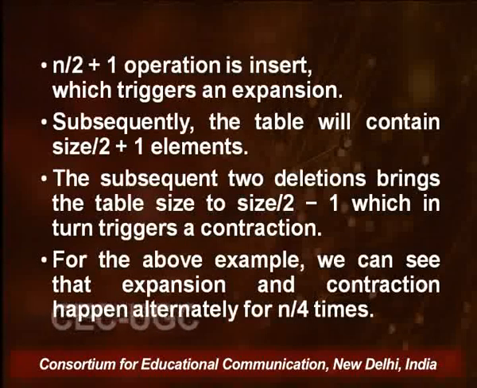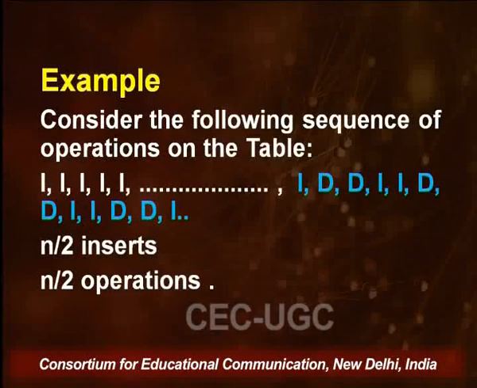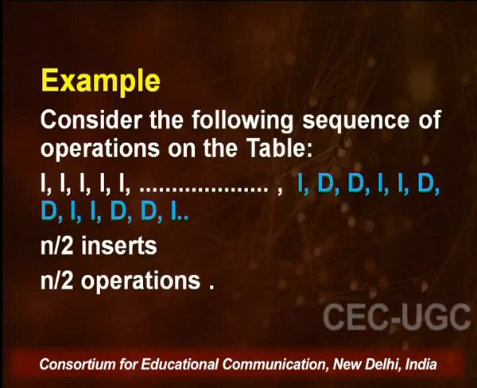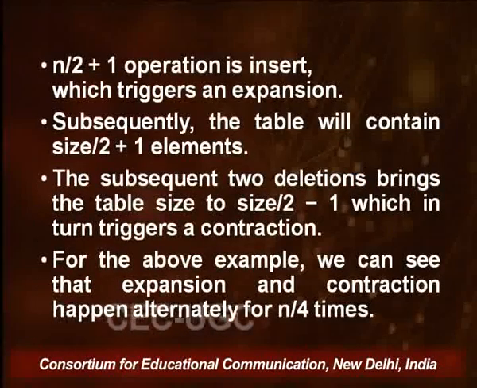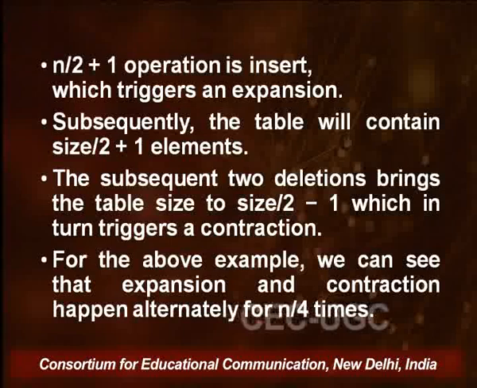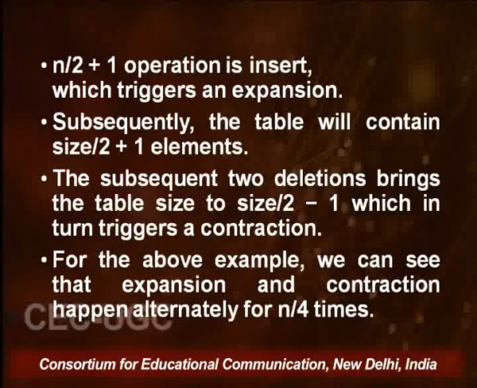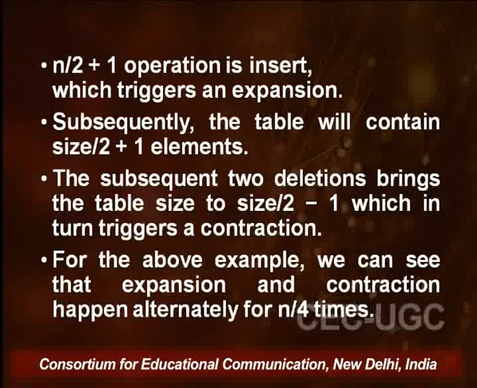Now, in the sequence we have 2 deletions. These 2 deletions are going to bring down the number of elements in the table to size by 2 minus 1. Earlier we had size by 2 plus 1 elements after the insertion, then one deletion is performed, it becomes size by 2, then one more deletion, it becomes size by 2 minus 1.